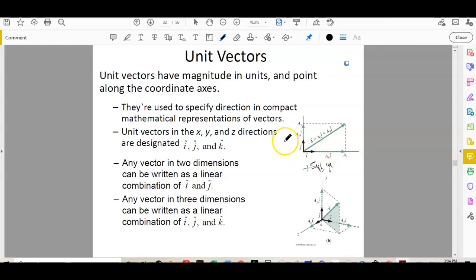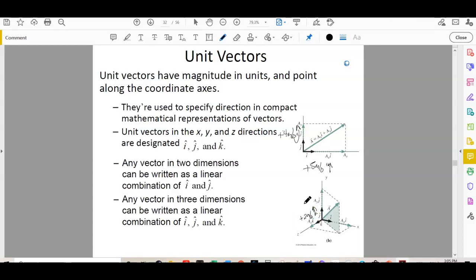In the j hat direction, if it was pointed up, it would be like, let's say 7. Actually, it looks like it's smaller. It'd be positive 4 meters per second j hat. Okay, so they would write it like that. For the z direction, which is in and out, that would be like positive 2 meters per second k hat.